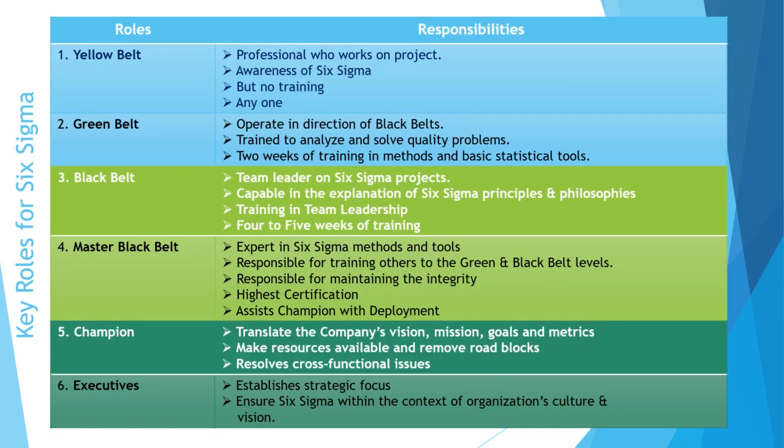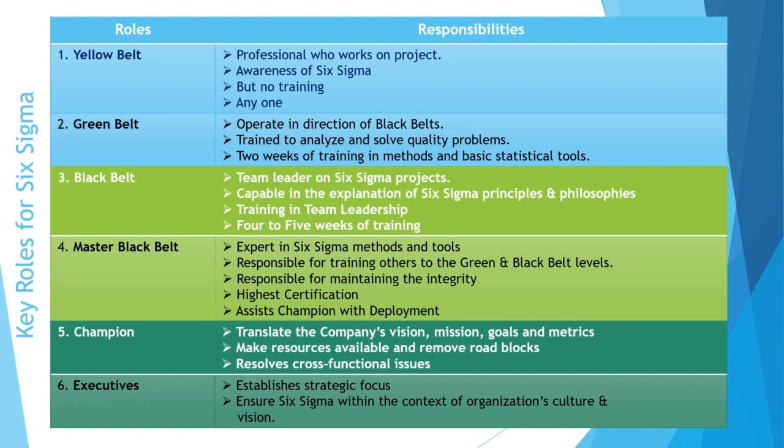The different roles of Six Sigma, starting with the yellow belt. Anybody can be a yellow belt Six Sigma candidate, because the professional who works on the projects needs just an awareness of Six Sigma. There is no need for any training.